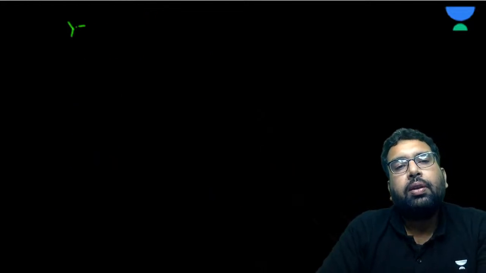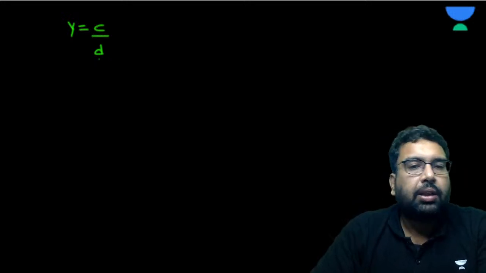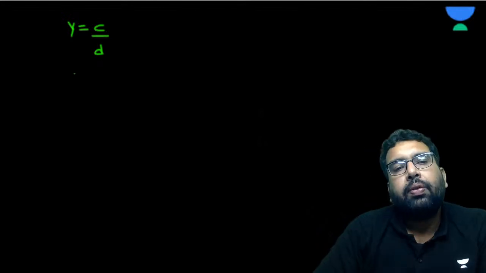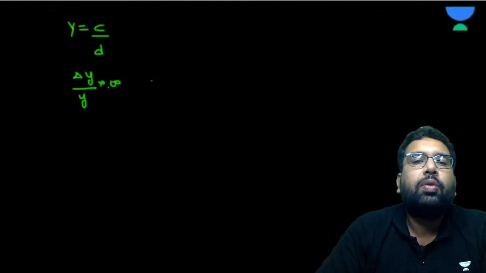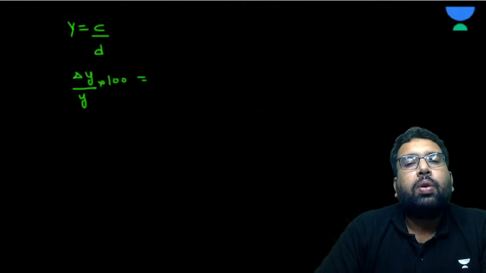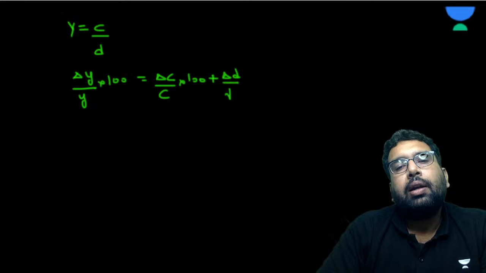So the same goes for division also. If y is equal to c by d, what can we write? Division also follows the same rules. So multiplication and division follow the same rules of error propagation. Delta c by c plus delta d by d, multiplied by 100.